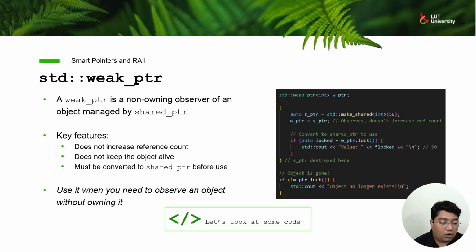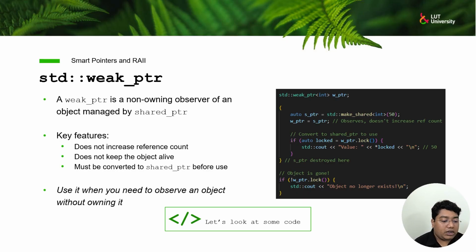Because it isn't an owner, creating a weak pointer does not increase the reference count. That means a weak pointer doesn't keep the object alive. If every shared pointer disappears, the object is destroyed, even if several weak pointers still exist.